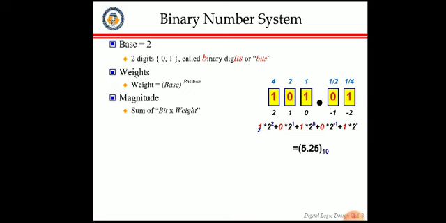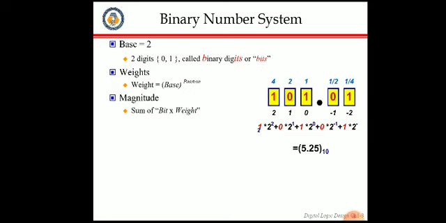What are the bits of the binary number system? 0 and 1. And let us consider one number, 101.01. Okay, so this is the binary number. In the integer part, we have positions 0, 1, 2.